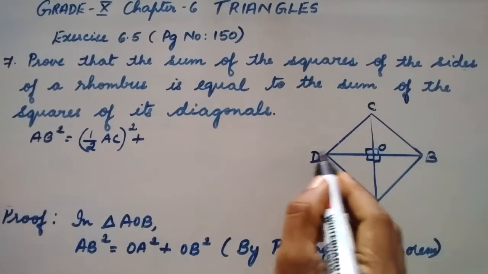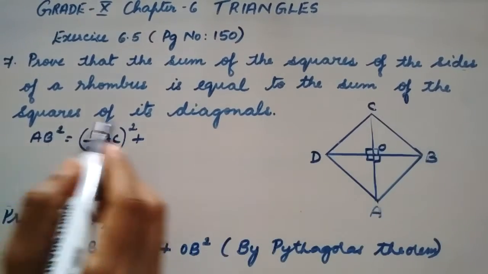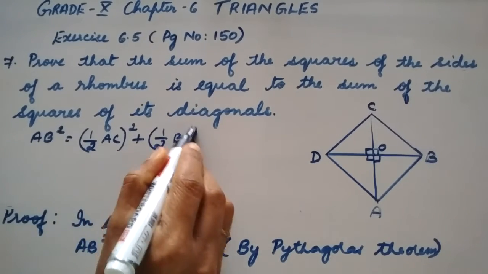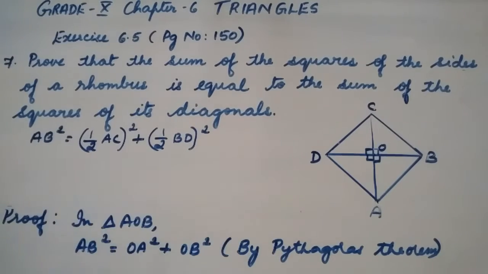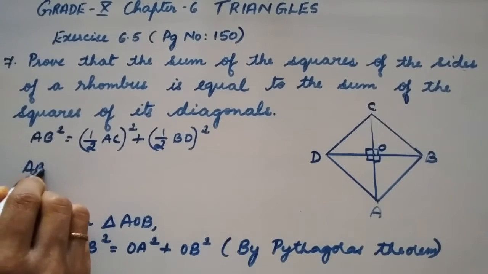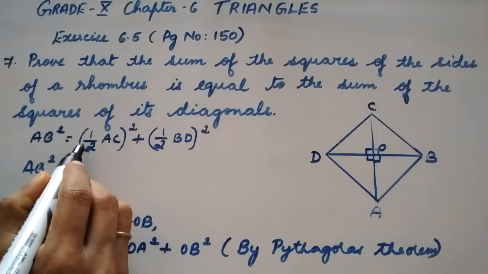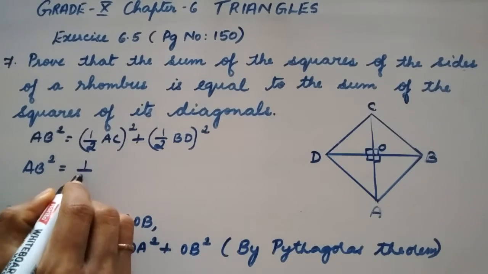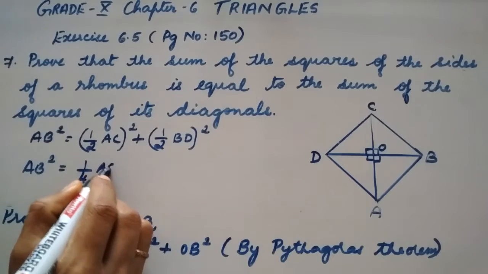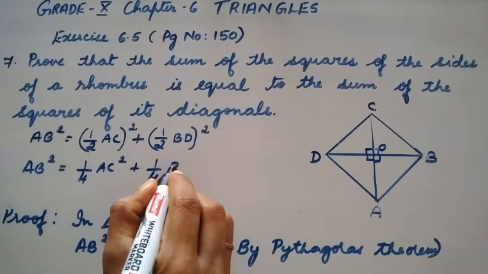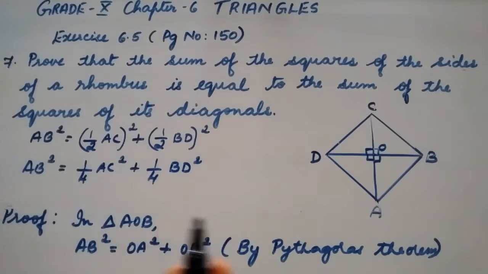OB is half of BD, isn't it? So it is half of BD square. So next we get AB square is equal to 1 by 4 AC square plus 1 by 4 BD square.